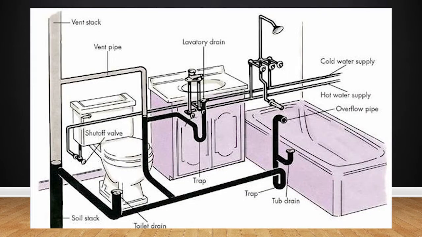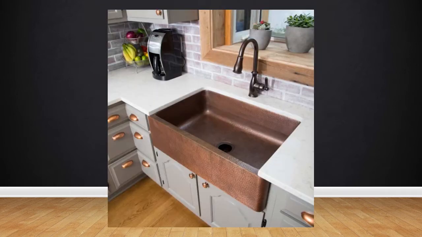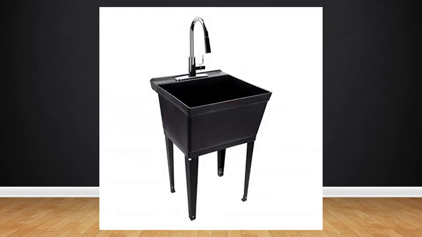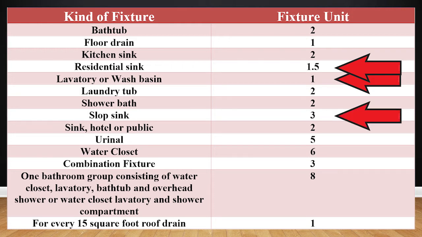Let's have another illustration. Let's determine the size of a horizontal branch waste pipe for one lavatory, one residential sink, and one slab sink. Like the first one, let's find the total fixture units. So for lavatory is 1 unit, residential sink with 1.5, and slab sink with 3 units.